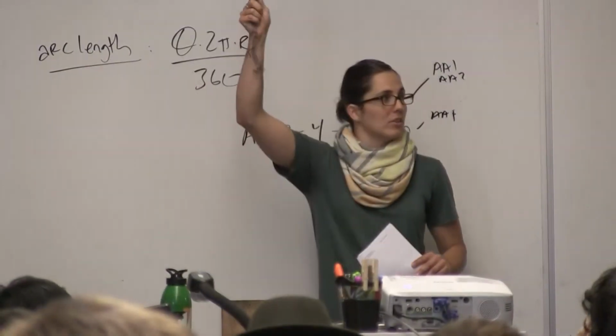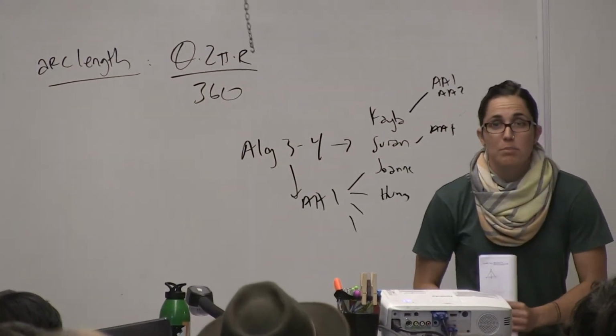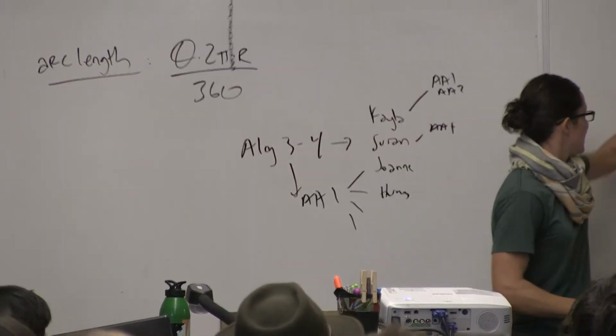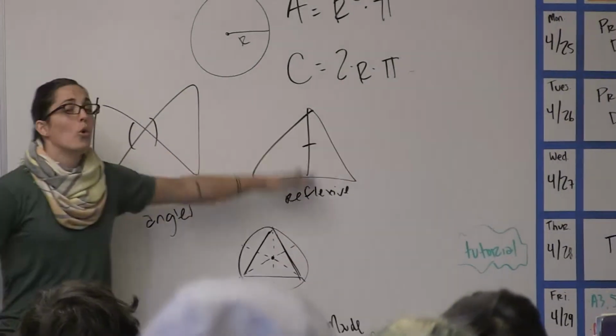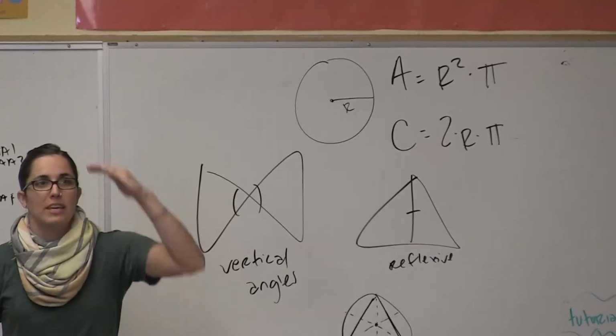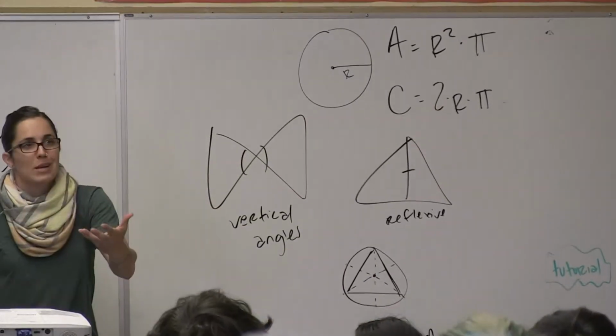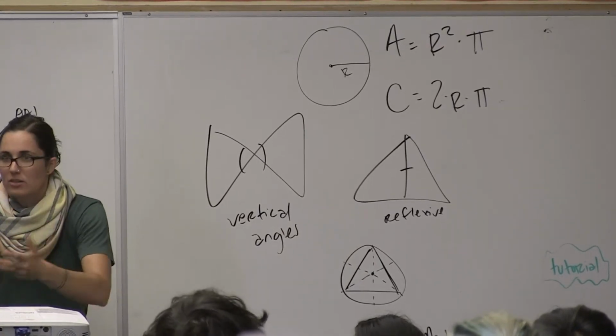To get a C, please pay attention. You need to use either vertical angles or reflexive, and then some sort of side to side or angle side angle.